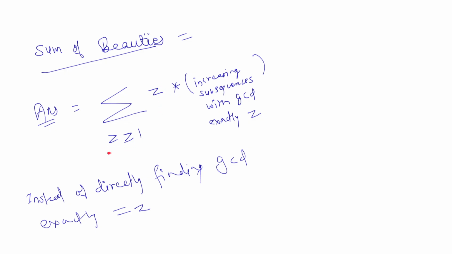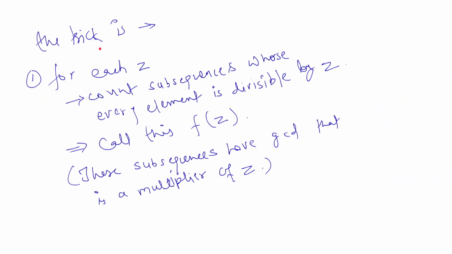For all the GCD which is greater than or equal to 1, we have to find the increasing subsequences with the GCD exactly Z. So instead of directly finding the GCD, we say exactly Z. The trick is, for each G, we count the subsequences whose every element is divisible by Z, and we'll call this a function of Z. So these subsequences have a GCD that is a multiple of Z.